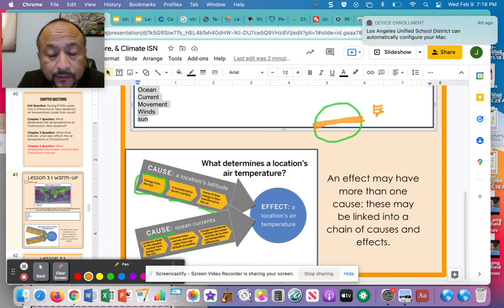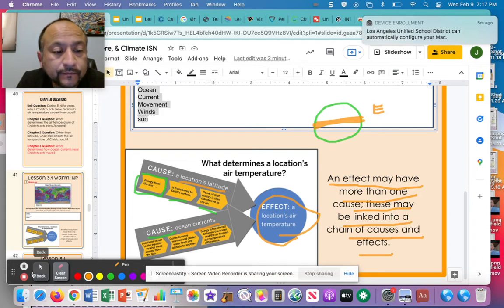It starts with the letter E. And the oceans and the location of the sun beating down on our planet is what ends up being the effect, which is the air temperature that we see outside. It says here, an effect may have more than one cause. These may be linked into a chain of causes and effects.